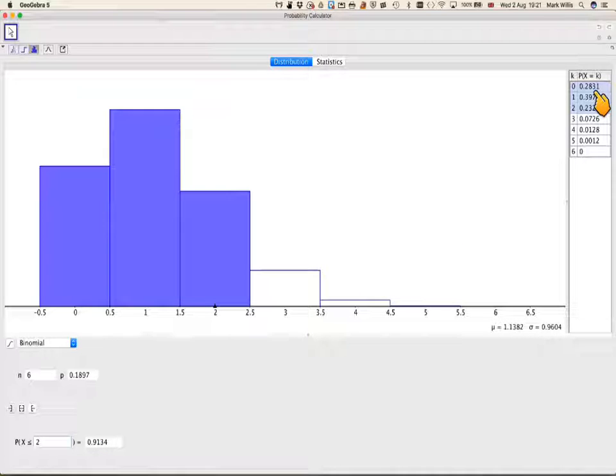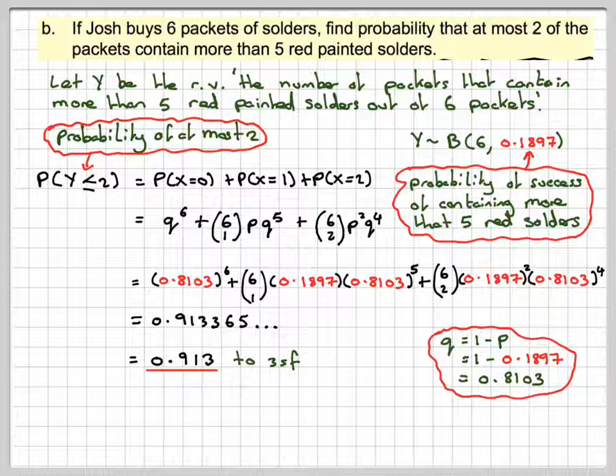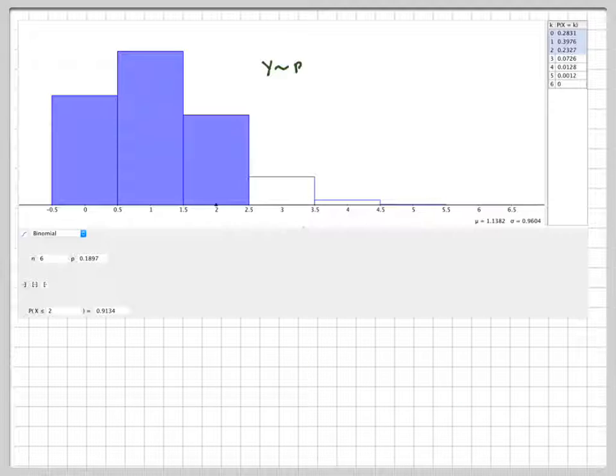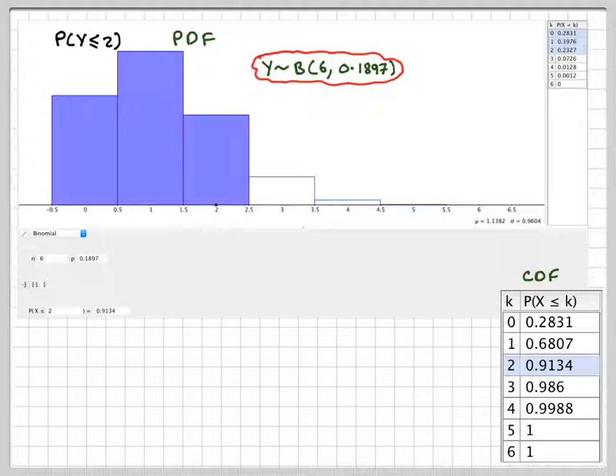You'd have to sum these probabilities up to get the answer, or if you wanted to use the CDF, then you get the answer straight away from here, 0.9134.